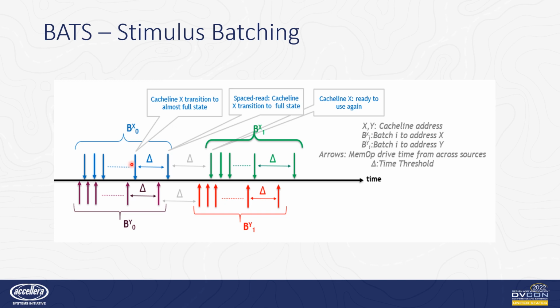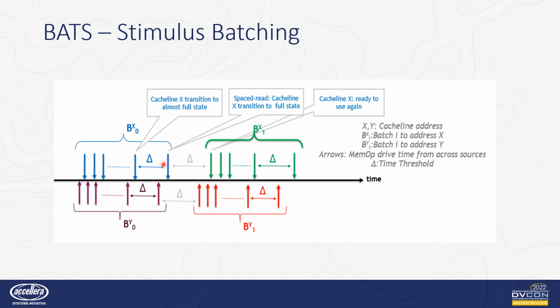Once that count reaches a certain threshold, BATS internally transitions this cache line to an almost full state. When the cache line transitions to the almost full state, BATS will start denying any request to that cache line for a simulation time delta.